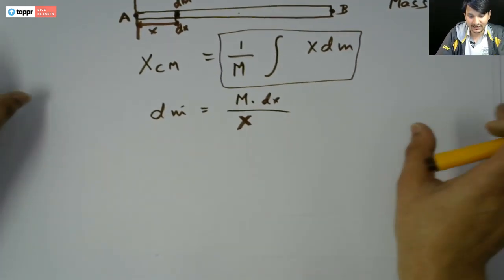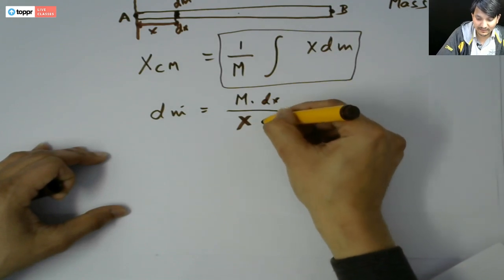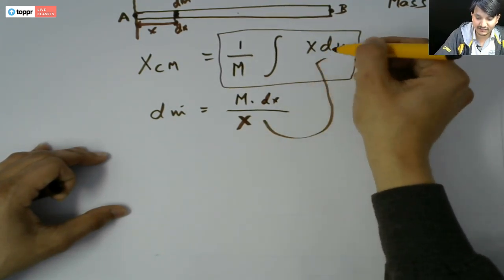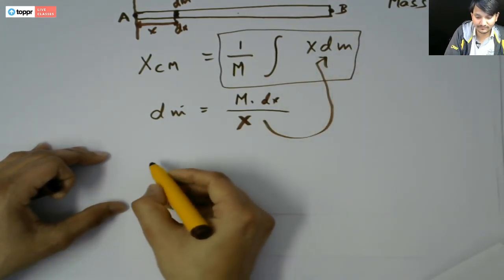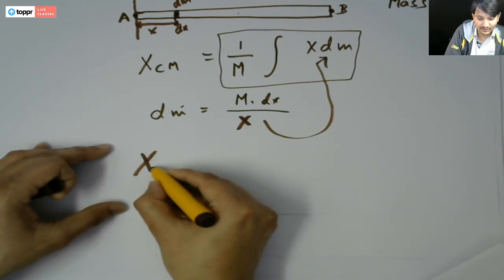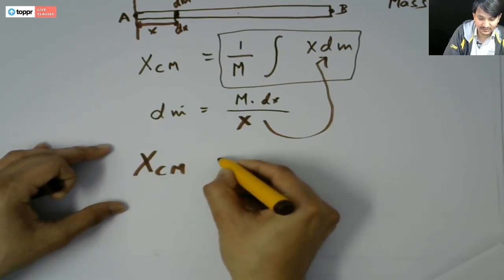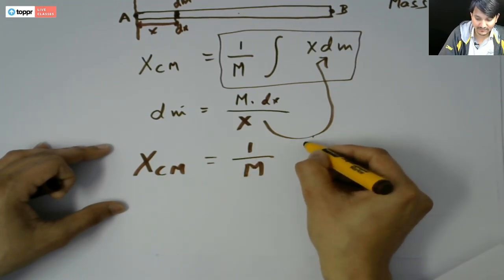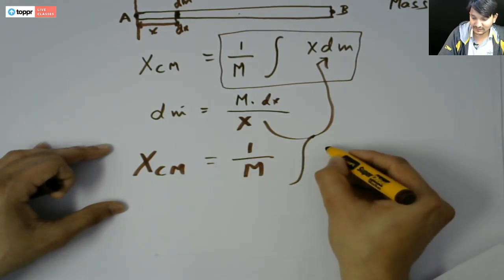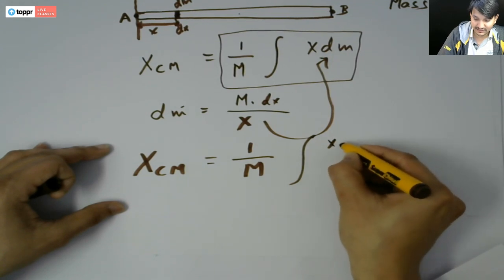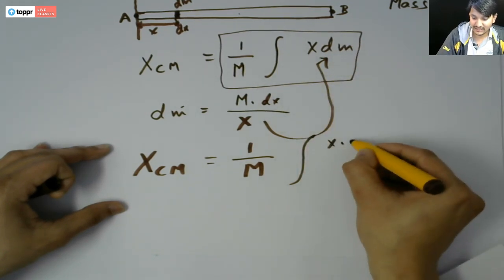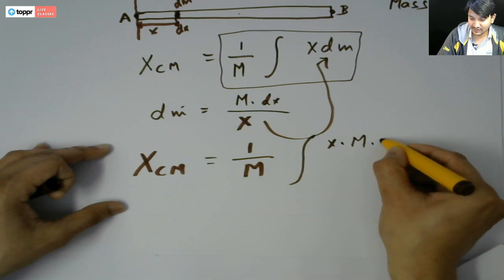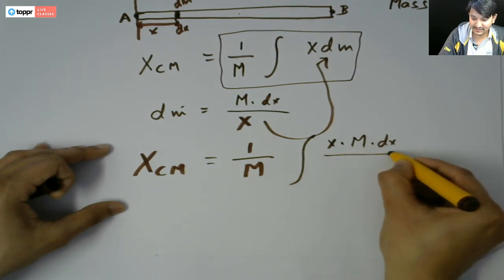Moving ahead, we are putting this value here for dm. Center of mass is 1 by m into integral of x into dm, m into dx by x.